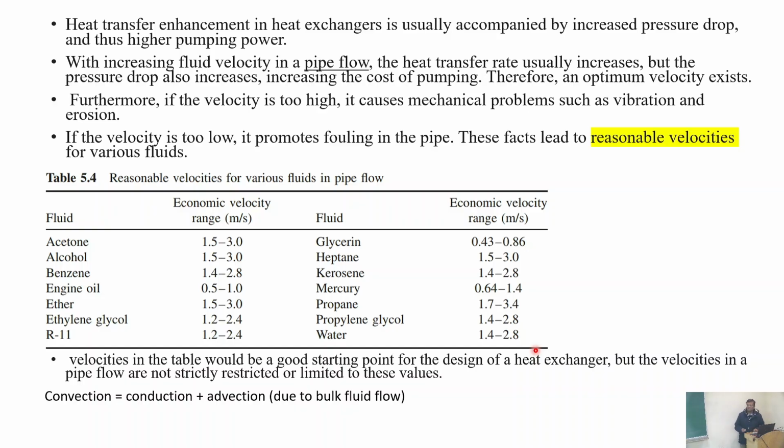So like too high means too much pumping power, but it takes into consideration other factors also, as I said, fouling, then erosion, then vibration issues. So it's kind of like a range over which you should try to restrict yourself, but sometimes you might have to go a little bit here and there. But these are recommended ranges.